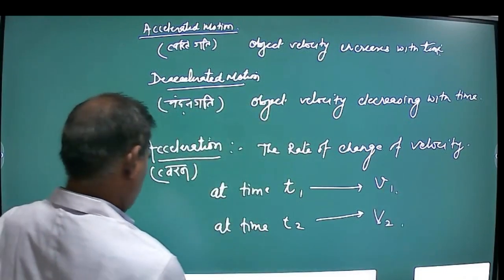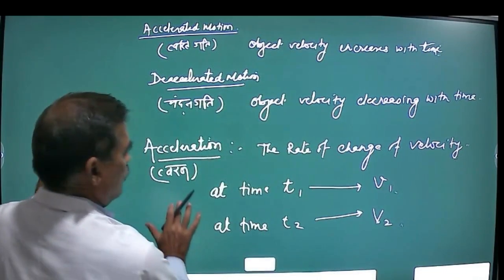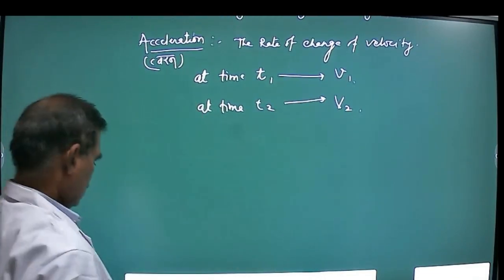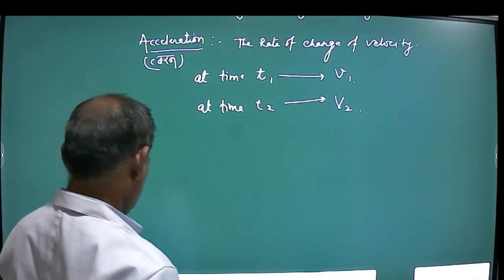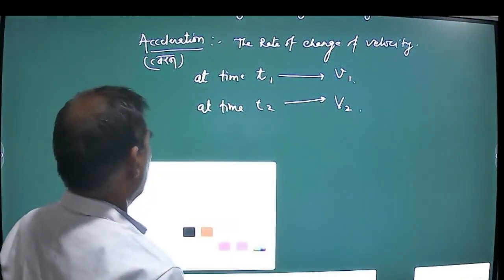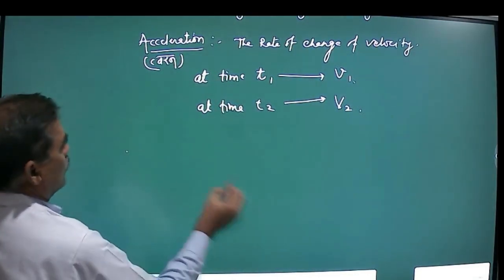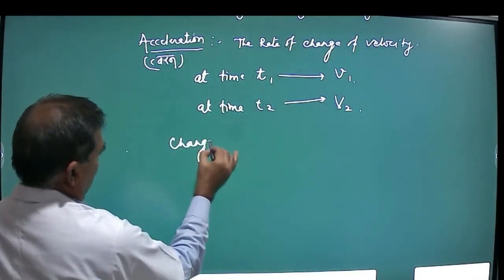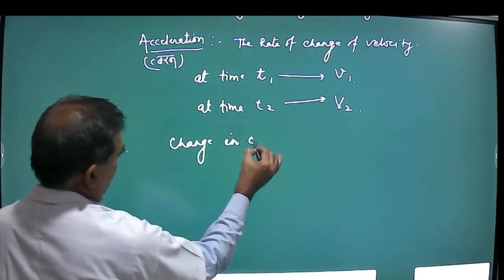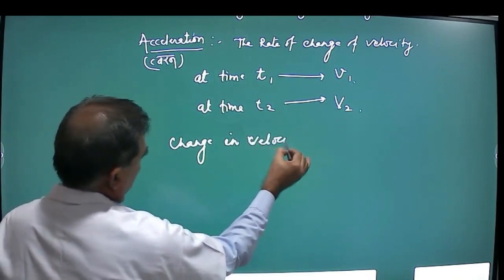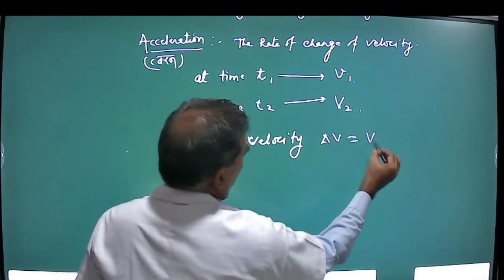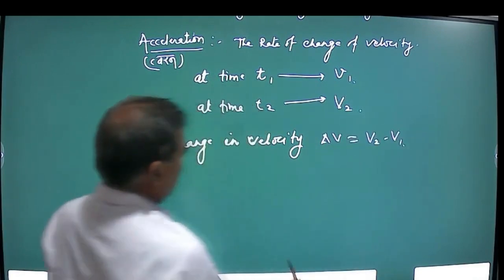So the change in velocity is delta v equal to v2 minus v1.